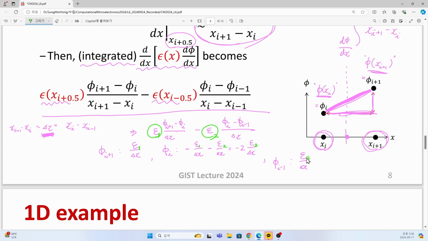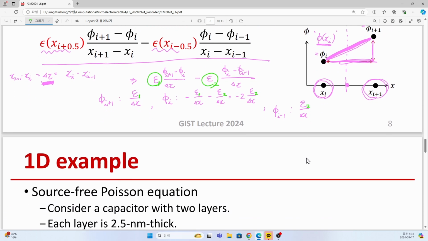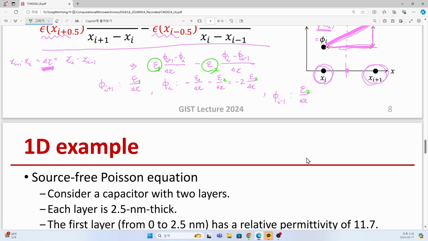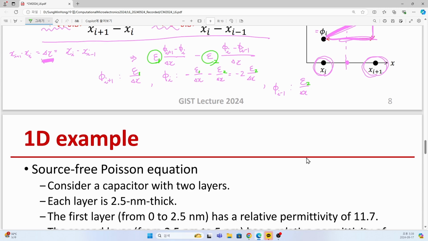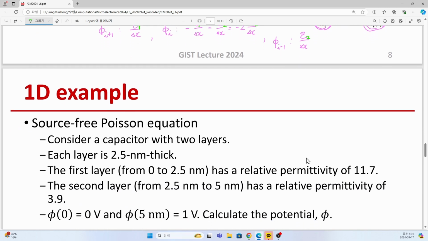That will be the result of this discretization. So up to now, we have discussed the way to discretize our left-hand side, so simply speaking, the second order derivative of electrostatic potential when the permittivity is position dependent.